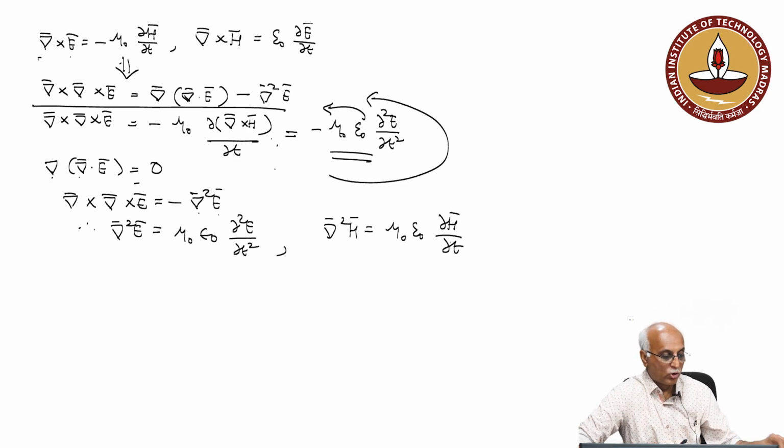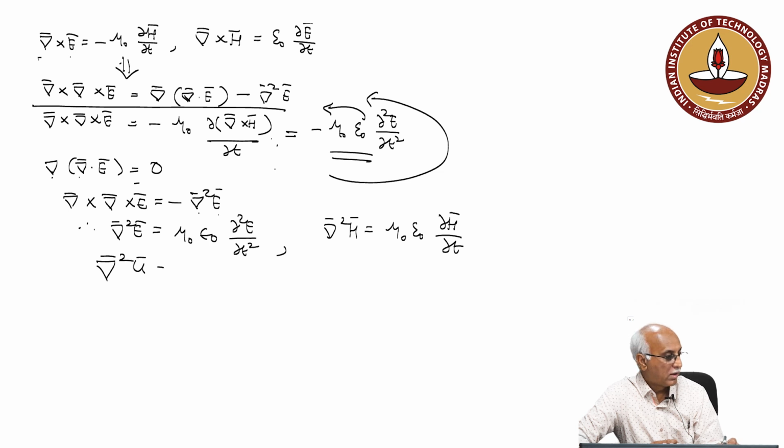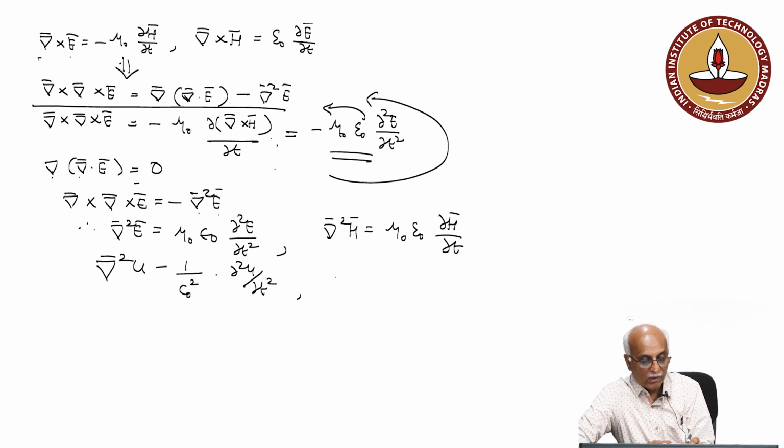These two equations represent the electromagnetic wave in a general form: del square u bar minus 1 by c0 square del square u by del t square equals 0, where c0 is nothing but 1 upon square root of mu 0 epsilon 0.